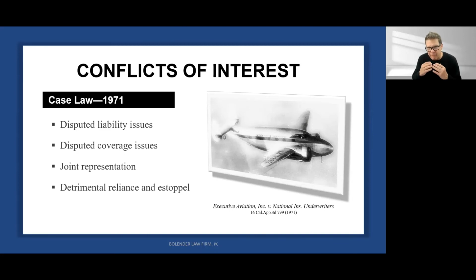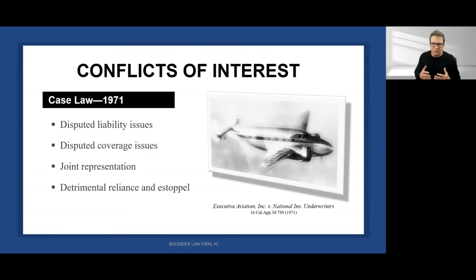Now, the facts of this case are peculiar and largely only of historical significance, but the bottom line here is that the policyholder was being represented by both defense counsel and the insurance company's coverage counsel.